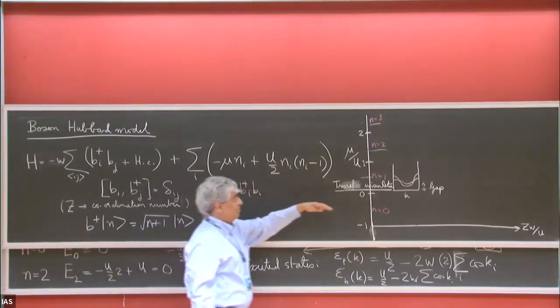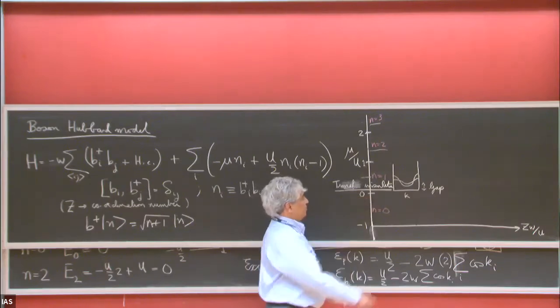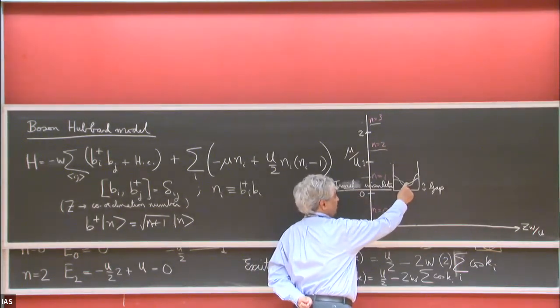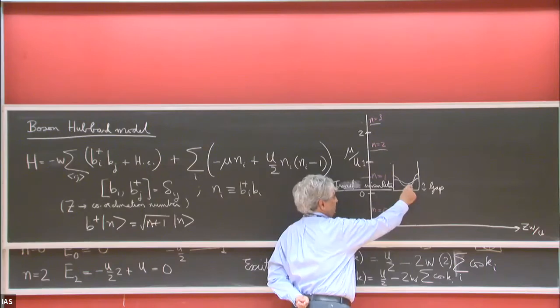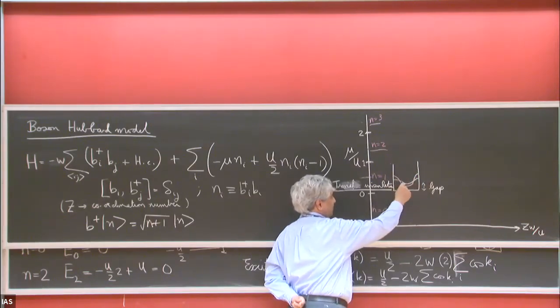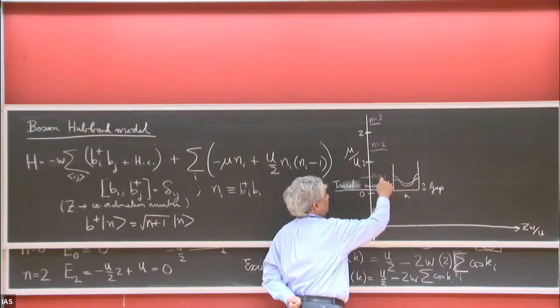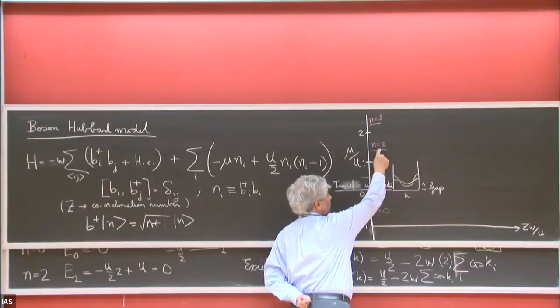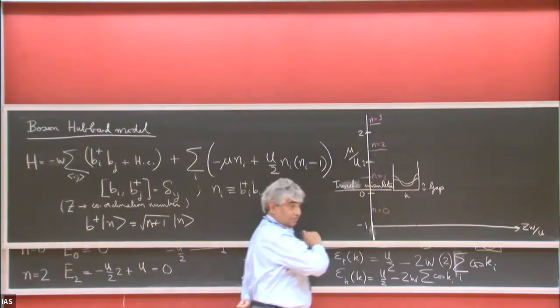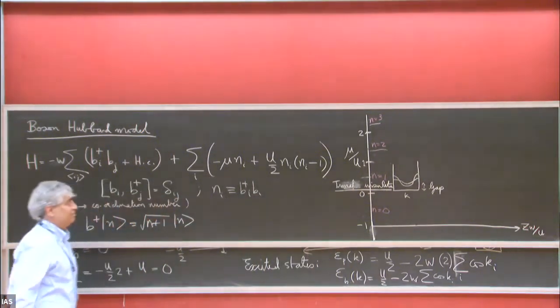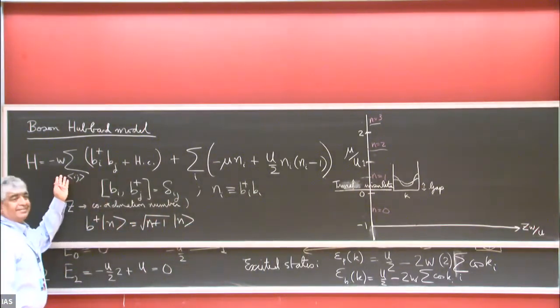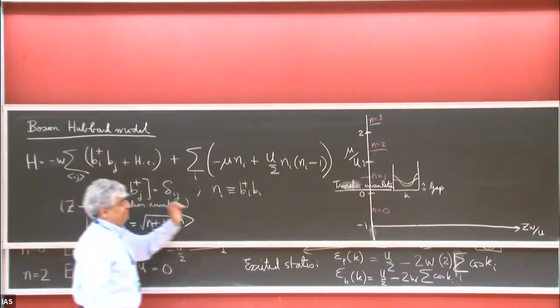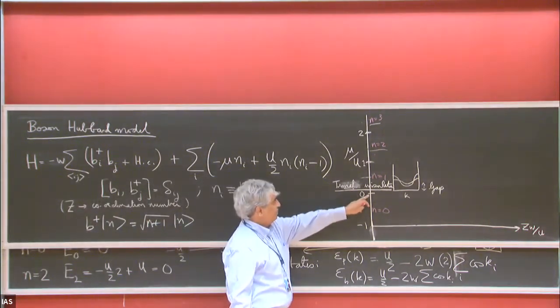So here you have an energy gap to creating a particle and creating a hole. Let's ignore W, so it's just a flat energy as a function of K. And then what happens here is that the energy to add a particle goes to 0, or with respect to the n equals 2 state, the energy to remove a particle goes to 0. So that's a very special point where I cannot trust this perturbation theory. That's also true here at this point at mu equals 0.